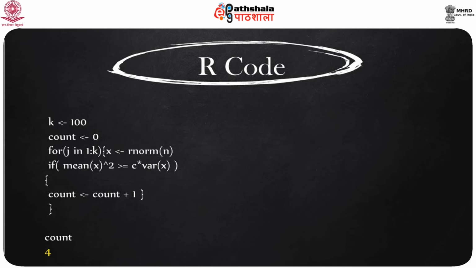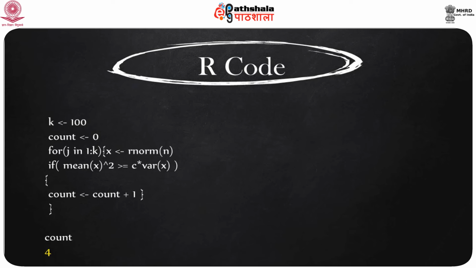This is a variable which actually counts the number of times where the confidence interval failed to contain the value of the parameter. Next, as it had been told earlier, we are drawing 10 random values from the standard normal distribution and storing them within x.